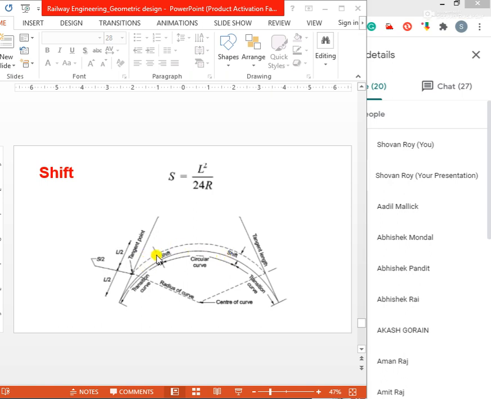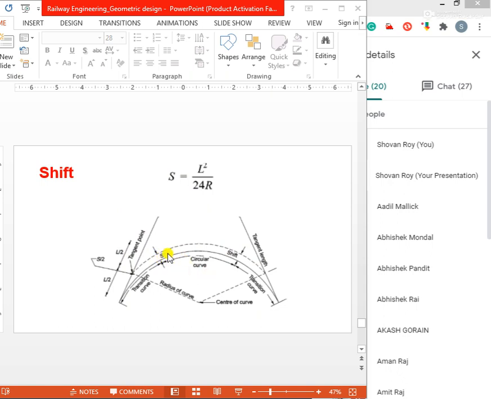This dotted portion is actually our curve, but this shift is very important.